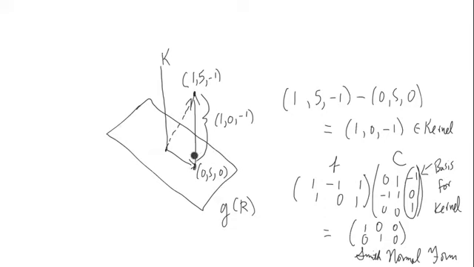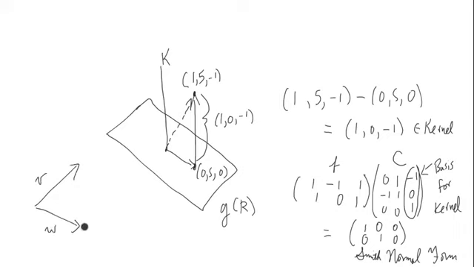The difference between these two is a vector that is inside of the kernel. So this vector plus that one will be that. How do we find this vector? We just do subtraction: take this one minus that one, vector subtraction, and we get what's in between.